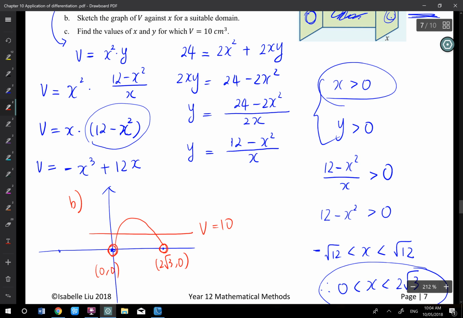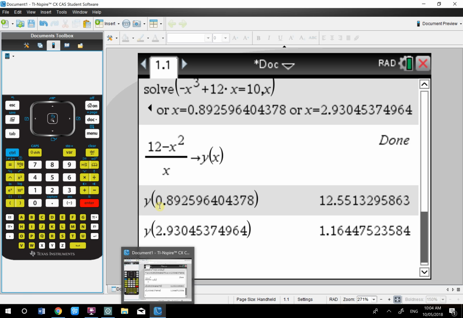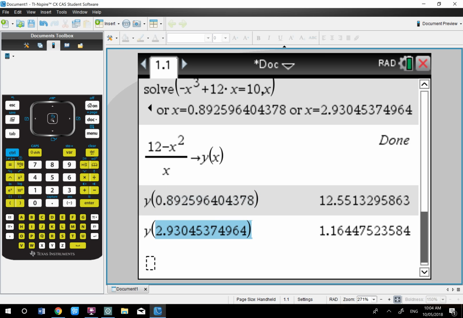Okay, so C is given in the calculator, no space for me to write. You can just copy the values down. It's basically through calculators. There's no hand approach because it's not really a nice value to solve by hand.